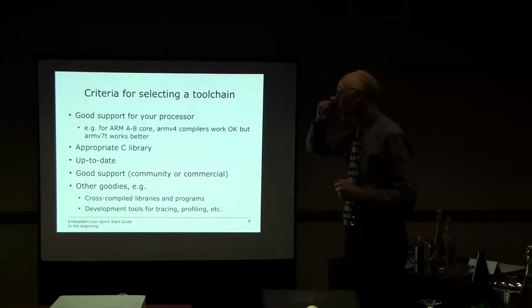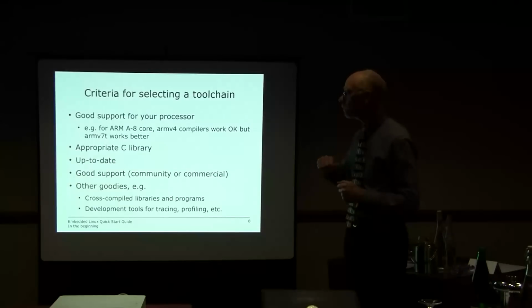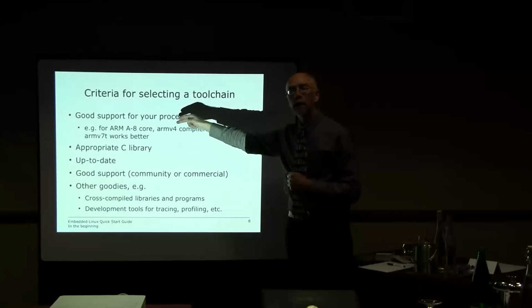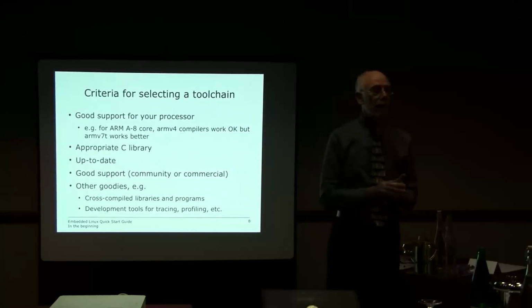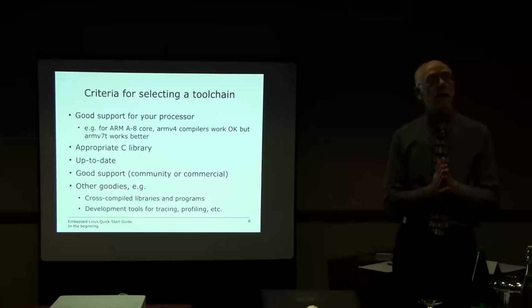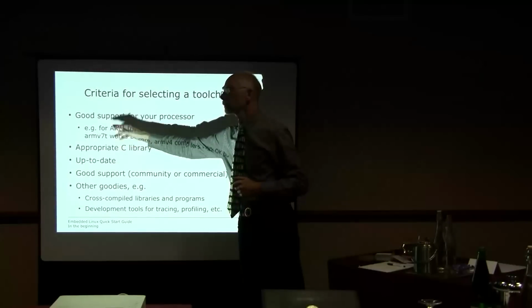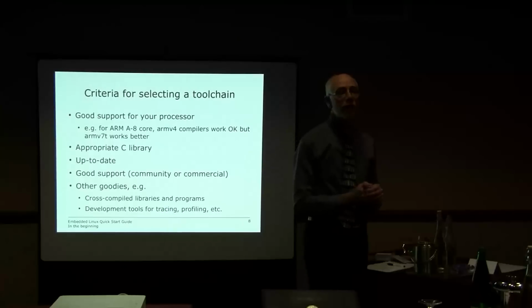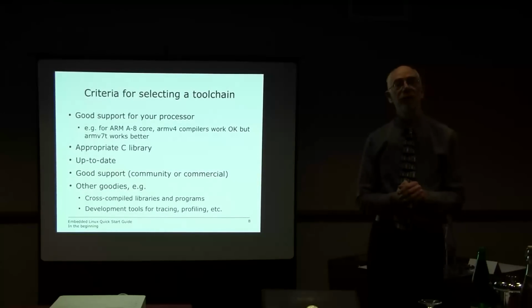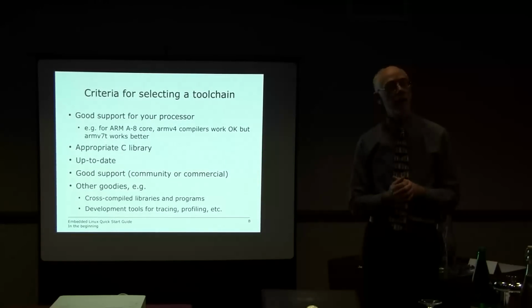So my example here, if you're using an ARM Cortex-A series, Cortex-A8 for example, then it uses the instruction set ARMv7-A. So it's the ARM instruction set version 7 with interworking. So that's the ideal compiler to use with that processor.